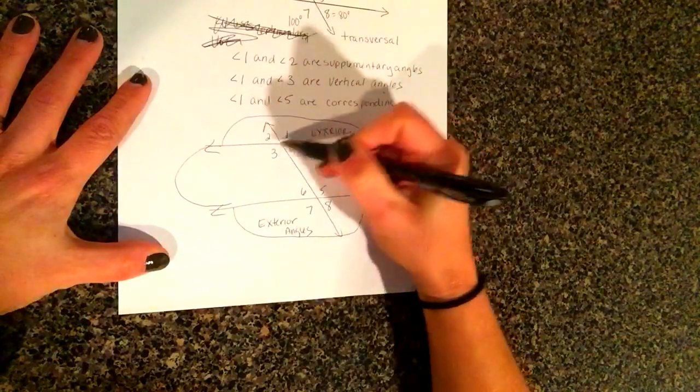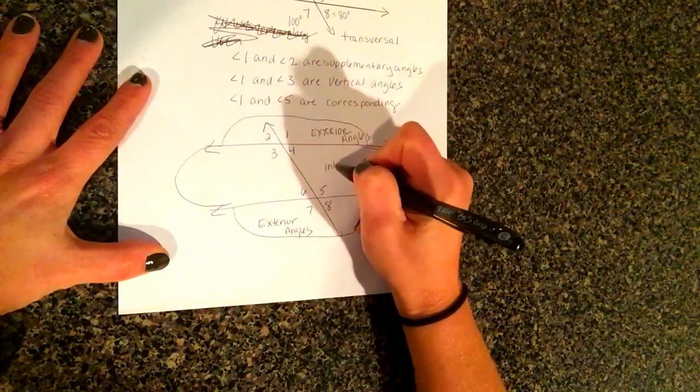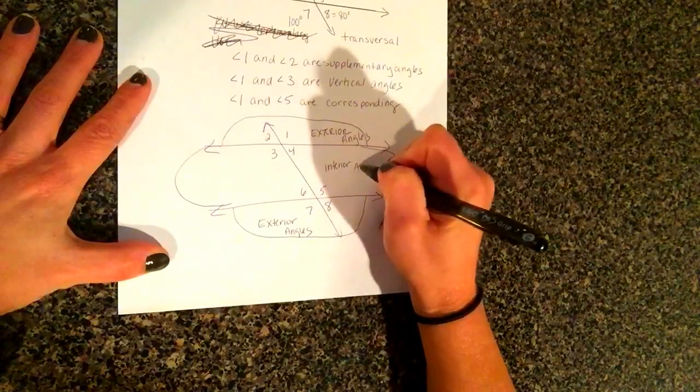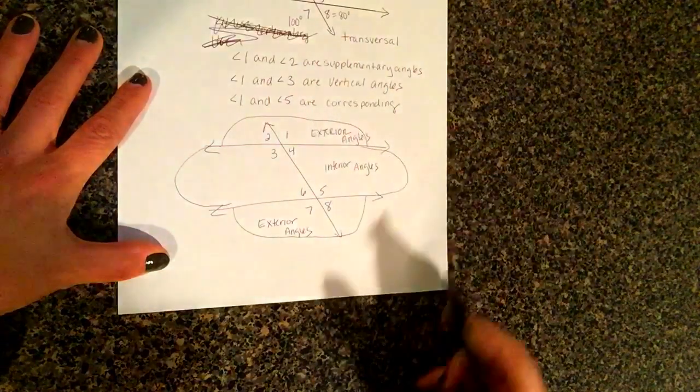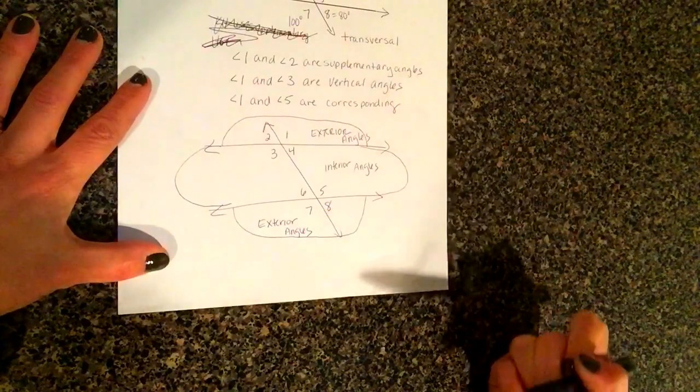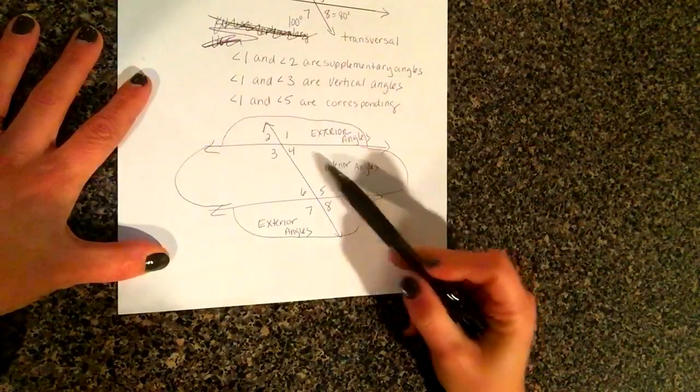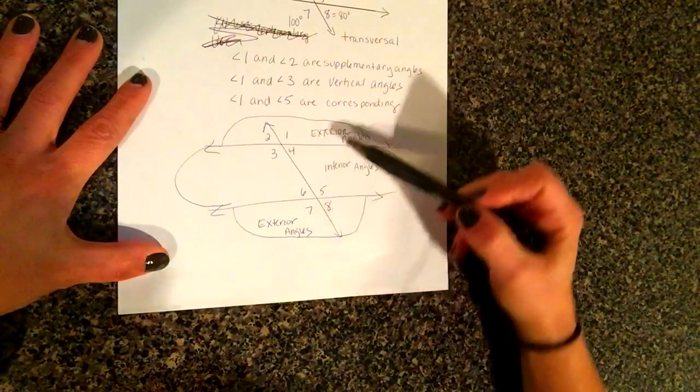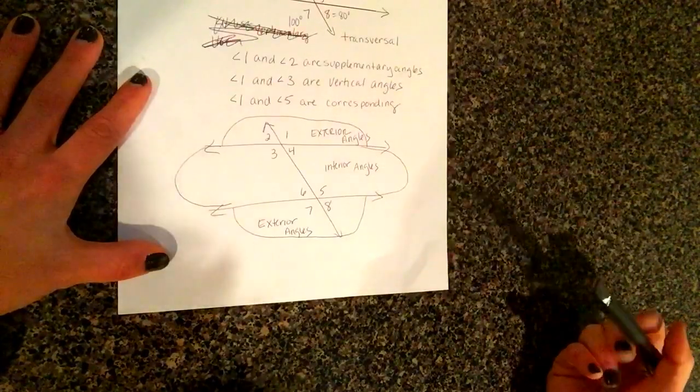And the ones inside are interior. So we have exterior angles and we have interior angles. The interior inside the parallel lines, the exterior outside the parallel lines.